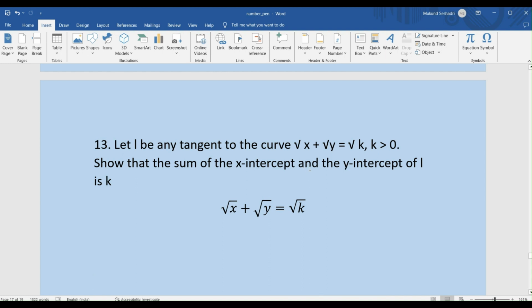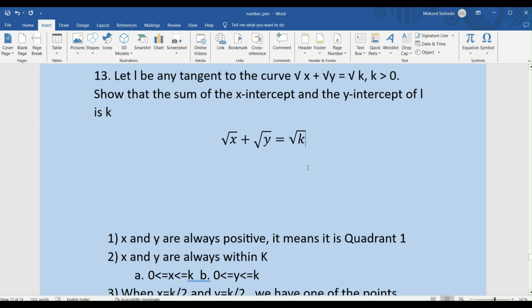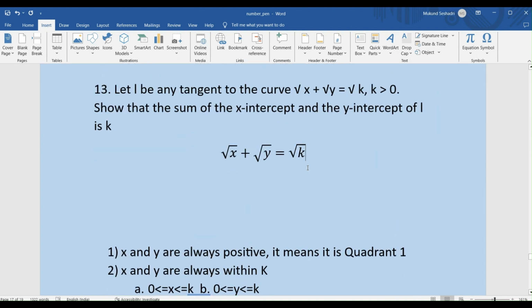This is the equation. Unlike my previous videos, I've spent a few minutes trying to solve the problem myself, and we will use this video to quickly go through the solution and how we arrive at the answer to this question and solve similar problems.